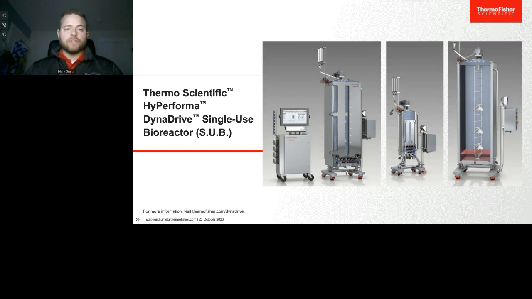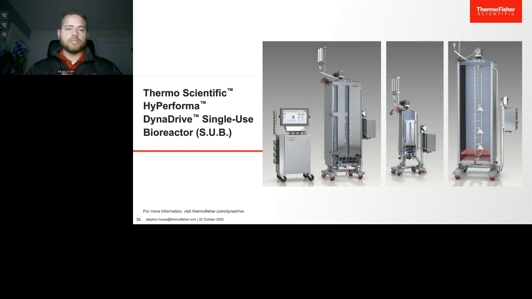In terms of functionality towards continuous processing, of course, naturally, the performance enables the continuous processing, high intensity cultures. But in addition, we've designed the DynaDrive from the bottom up, from the start, with continuous processing in mind. For example, we can see in the slide, if you look on the left image or even on the middle image, that the front doors of the 50-liter and 500-liter have been designed with large access ports all the way up the front face of the reactor.